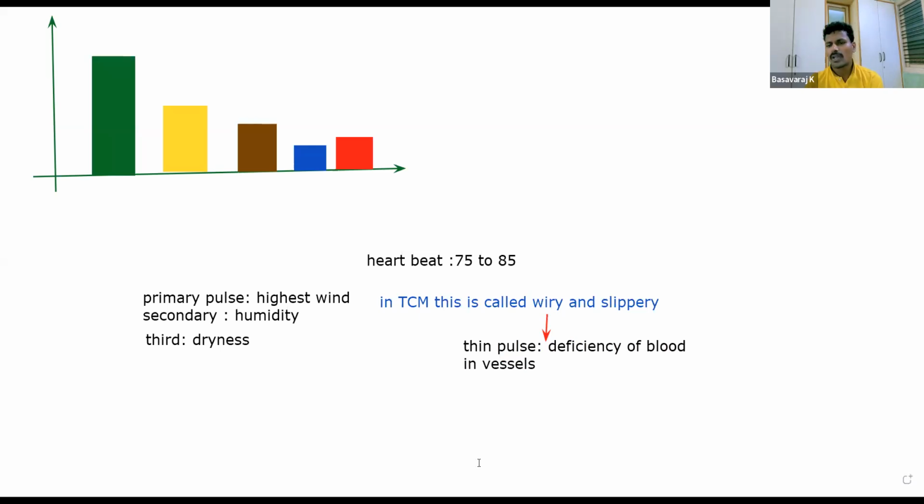Because bone, bone marrow and other systems are not fully grown. So if you find this wiry or thin pulse in kids, it is quite common. You can neglect it.